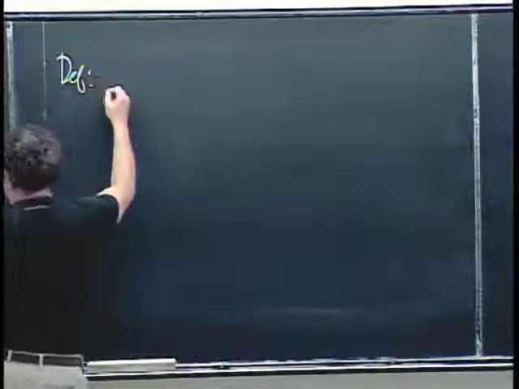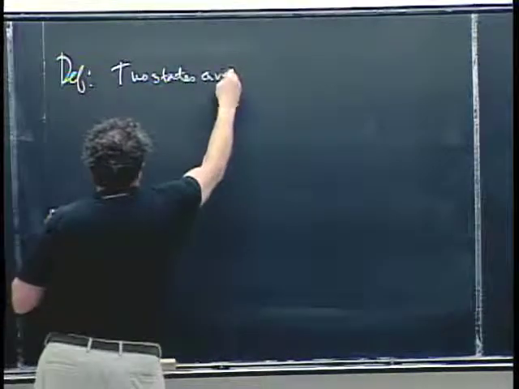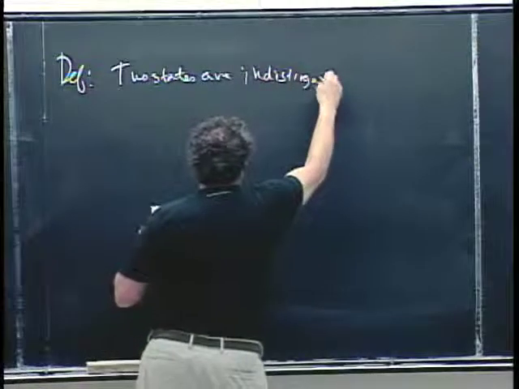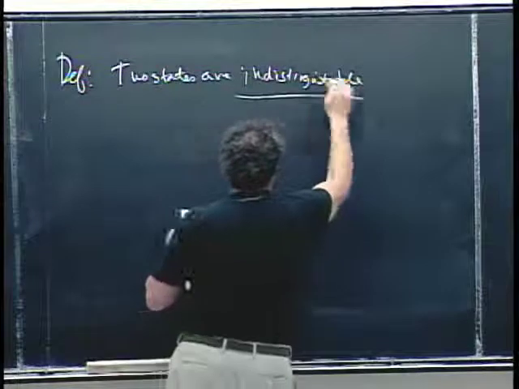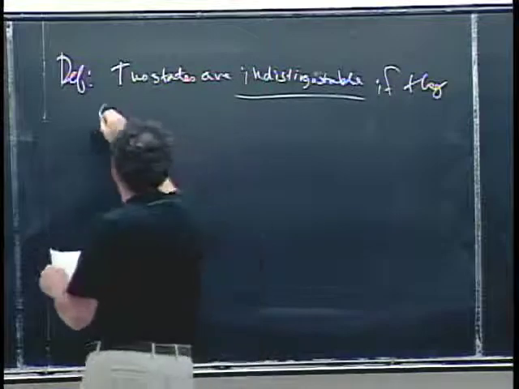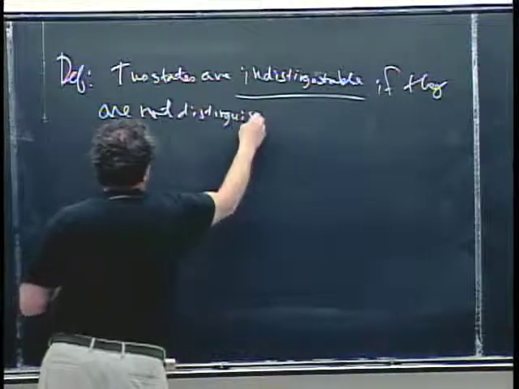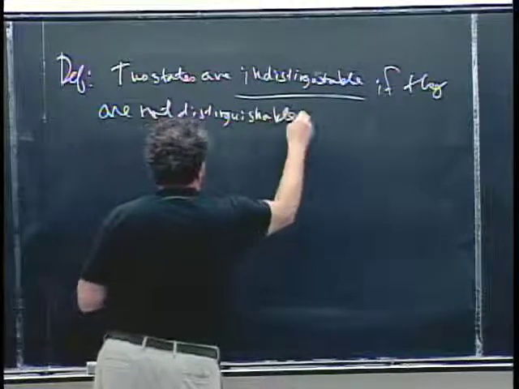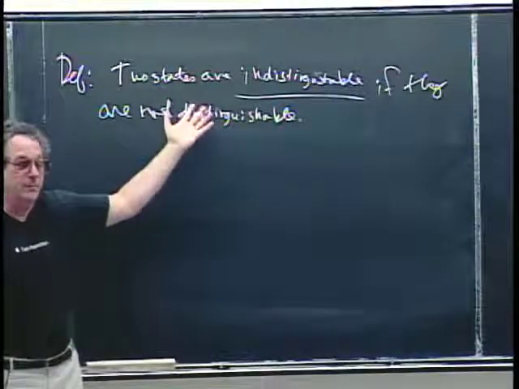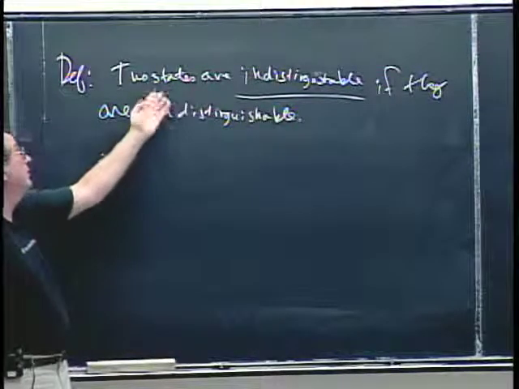Definition: two states are indistinguishable if they are not distinguishable. Okay? Which in particular means, I could elaborate on this, it means there is no string W which distinguishes the two states.